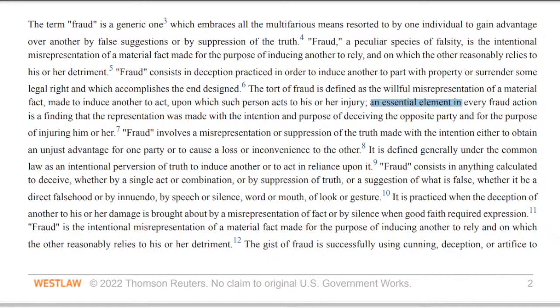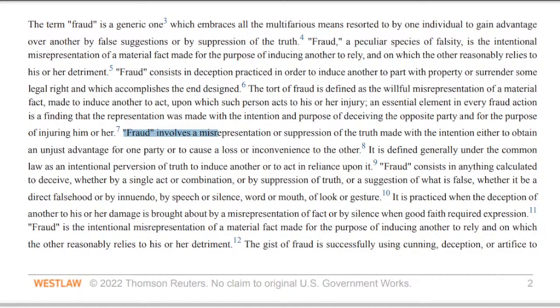An essential element in every fraud action is a finding that the representation was made with the intention and purpose of deceiving the opposite party, and for the purpose of injuring him or her.